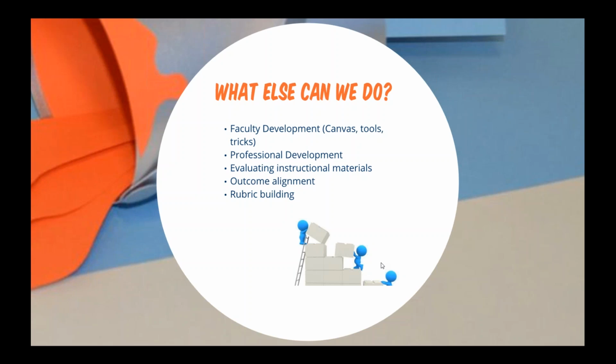Outcome alignment, if you need help with your outcomes and you're really stuck on how you can align them, what assessments you can use to actually determine if students are mastering that outcome, things like that. That's what else we can do. And then obviously rubric building, if you need help with that, building it within Canvas. That is something that I've recently done with some of my programs, building those electronic rubrics. And I know another ID is really good at rubrics, Tracy Dice.